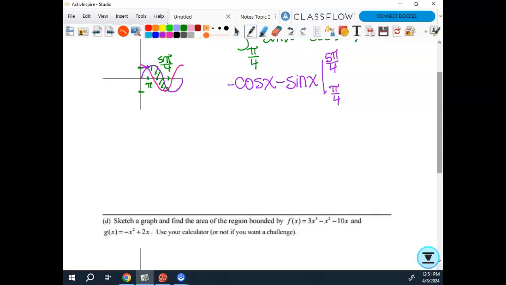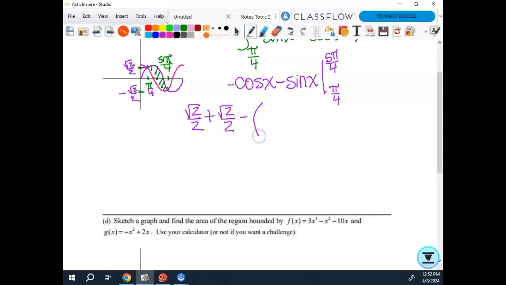The sine of 5 pi fourths is square root of 2 over 2. It's where they're the same. And then, I'm sorry, that's pi fourths. And then 5 pi fourths is negative square root of 2 over 2. So the cosine of 5 pi fourths is the negative square root of 2 over 2, but that makes it positive, square root of 2 over 2. Same thing happens for sine, plus square root of 2 over 2.